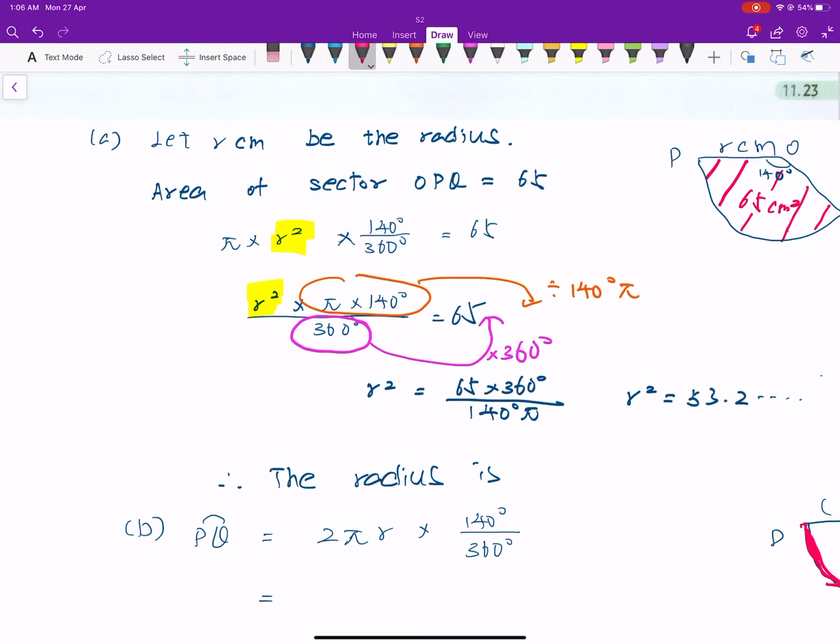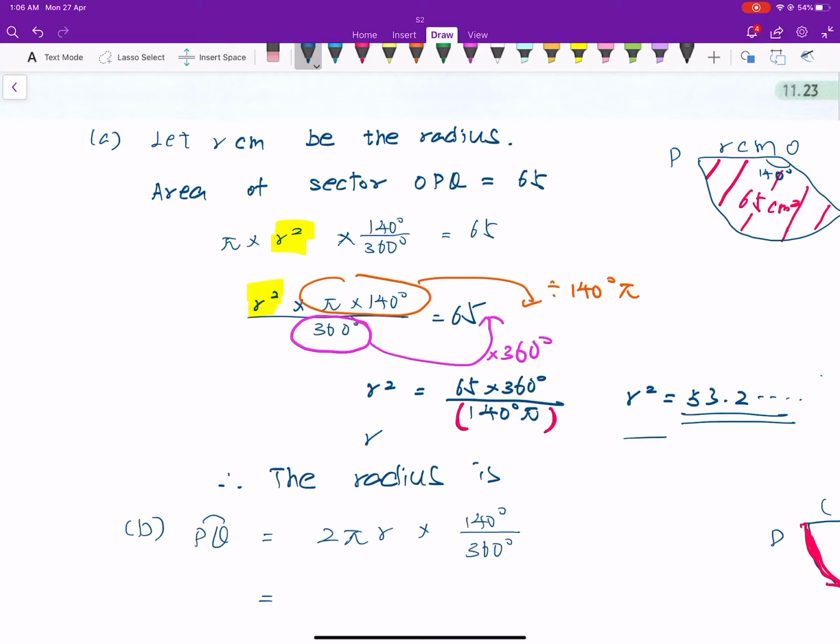And don't forget, when you divide by 140 pi, you need to add a bracket when you are using your calculator.